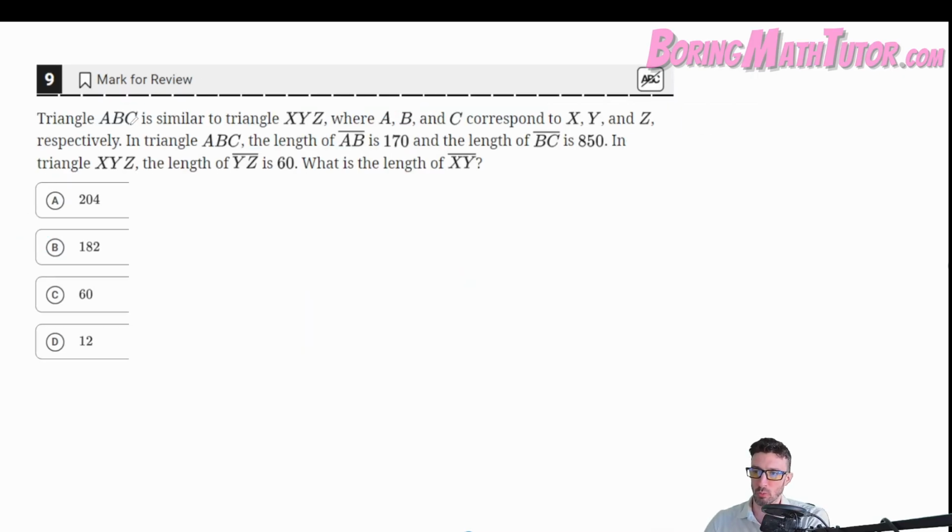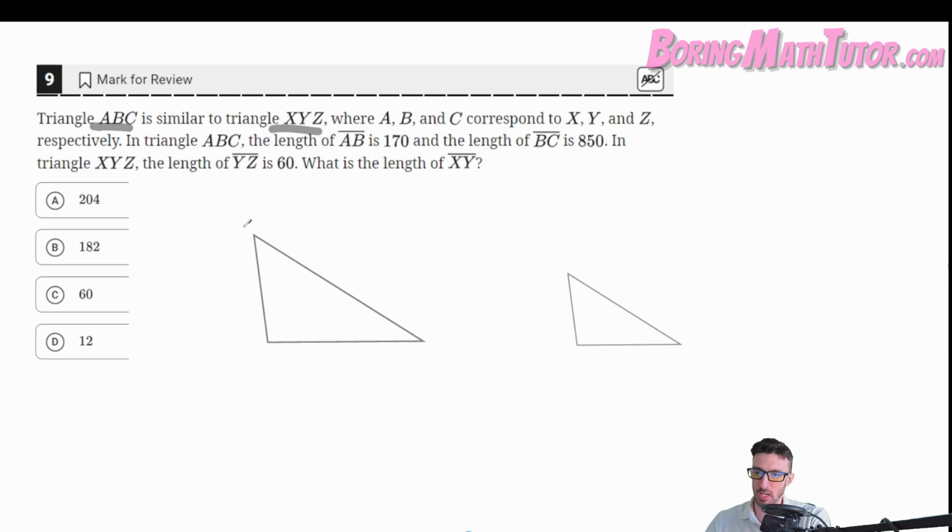First thing you got to do when they're telling you that one triangle is similar to another triangle, you need to set up 2 triangles that look like they have the same shape but not the same size. Now you also got to figure out which one is the bigger one.